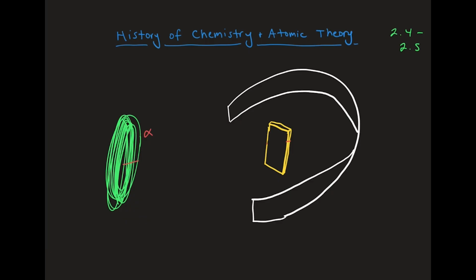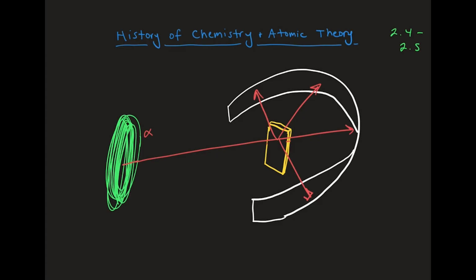However, his results surprised him. While most of the alpha particles did pass through, some were deflected at odd angles all around this inner ring. If Thomson's plum pudding model of a larger cloud of positive charge evenly saturated with smaller negative charges was correct, Rutherford's results could not happen.